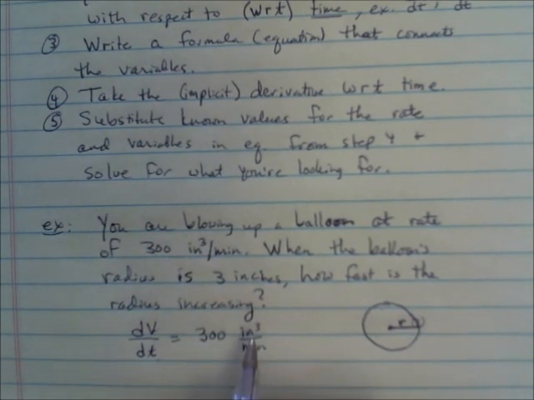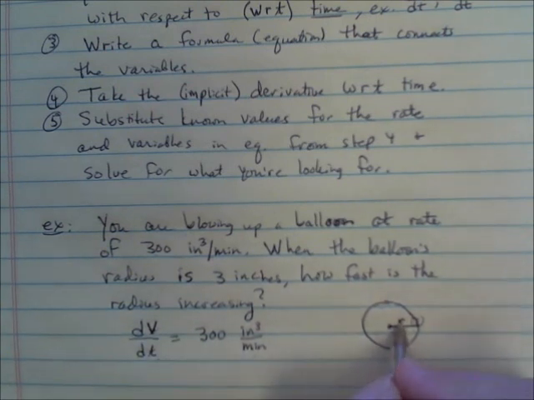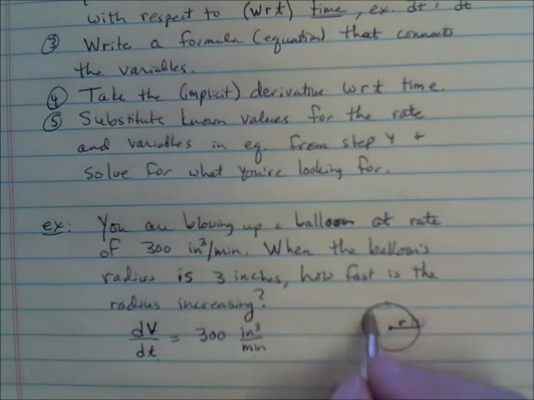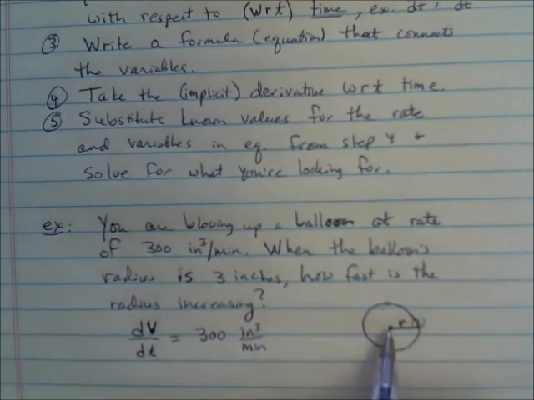So now we have a volume, we have a radius, and we want to get some kind of formula. We're in step 3 right now. We want to find some kind of formula that relates the volume to this radius.